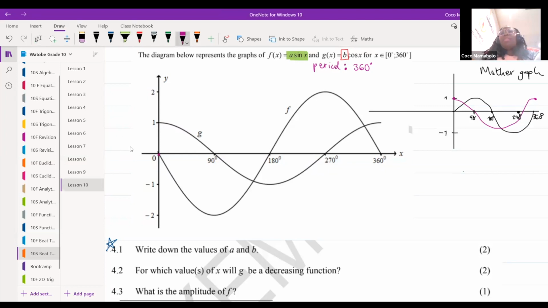Good. And then would our mother graph go up or would it go down? The normal graph of sine, would that go up or down? I'll give you a hint. The graph of sine is this one that I've drawn over here.